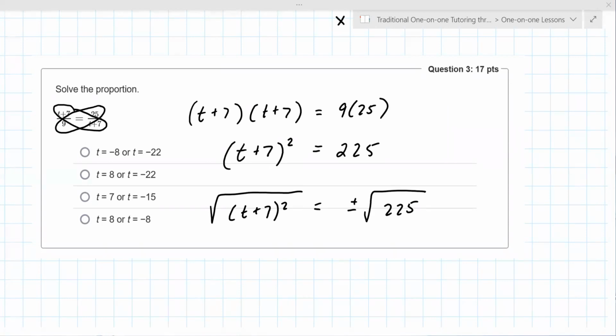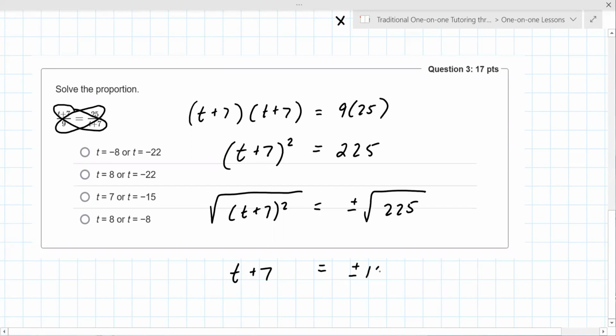Oh, 25. Okay, so I'm going to send you a link here in the chat. I want you to click on that and see if you can tell me the square root of 225, please. 15. Okay.